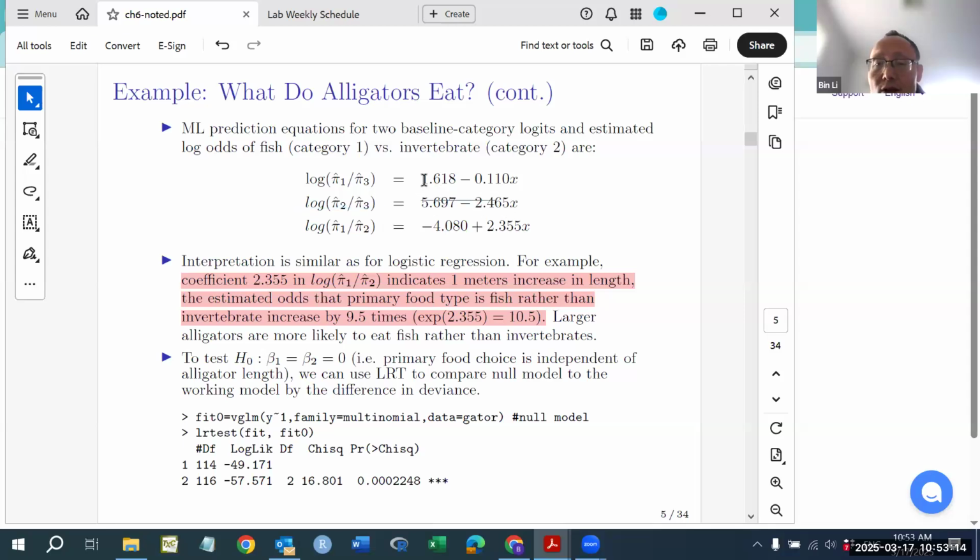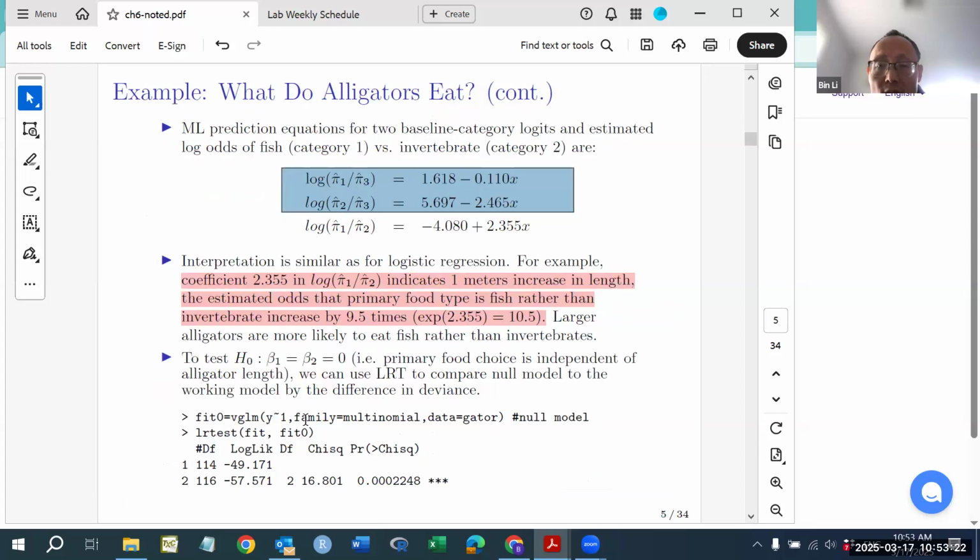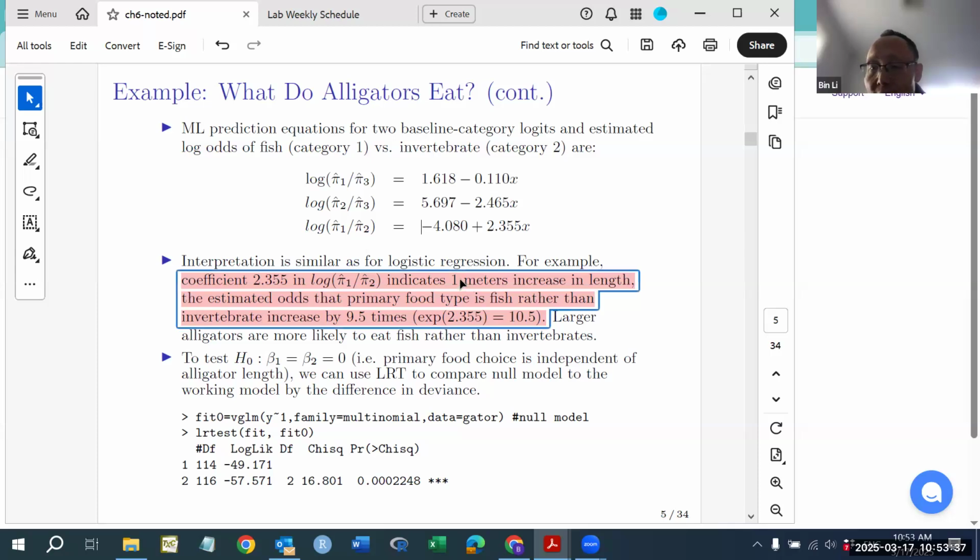We have this. So these two equations, we have the coefficients and the intercept directly from here, right? But the third one, the log odds between the fish and invertebrate, that is derived from the difference of the intercept and slope from the previous two models.